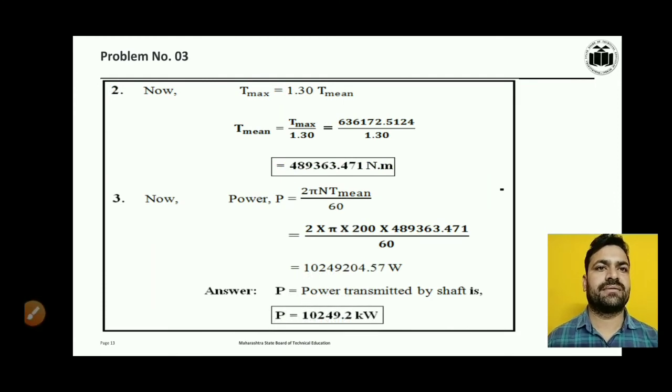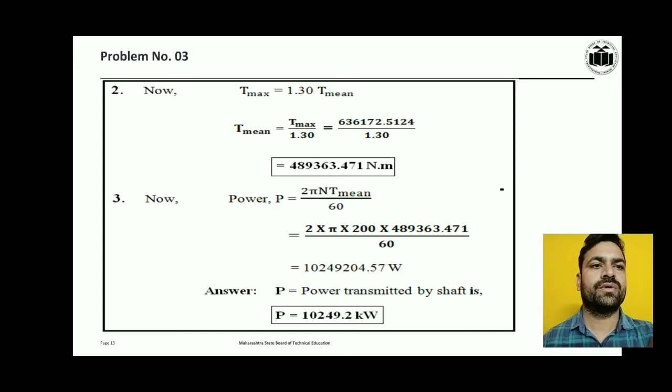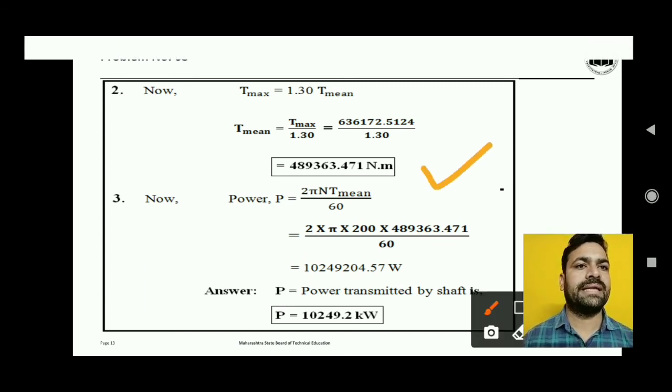Step number two, as T max is equal to 1.30 times T mean, we can easily find T mean by simplification. So T mean will be equal to 489363.47 Newton meter.